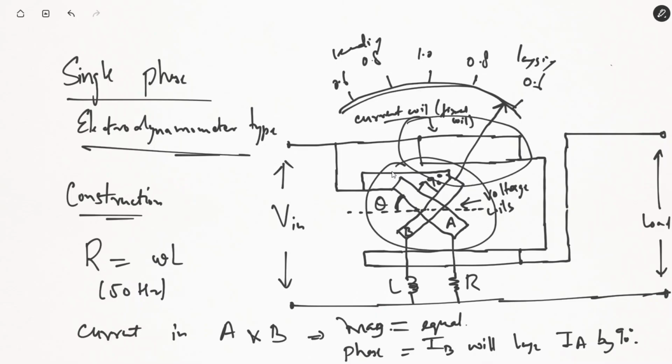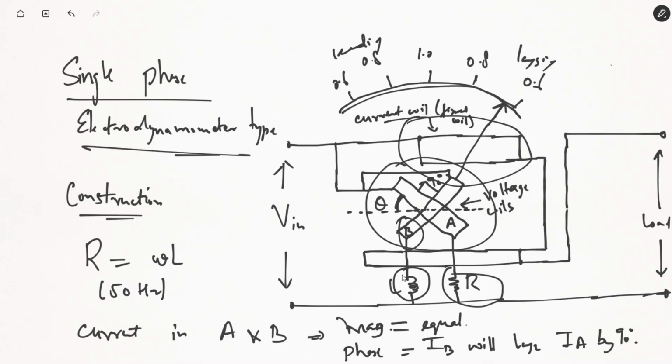One of the parallel paths, A, is connected with a series resistance R, and another path, B, is connected with a series inductance L. That means one parallel path is resistive in nature, another parallel path is highly inductive in nature.